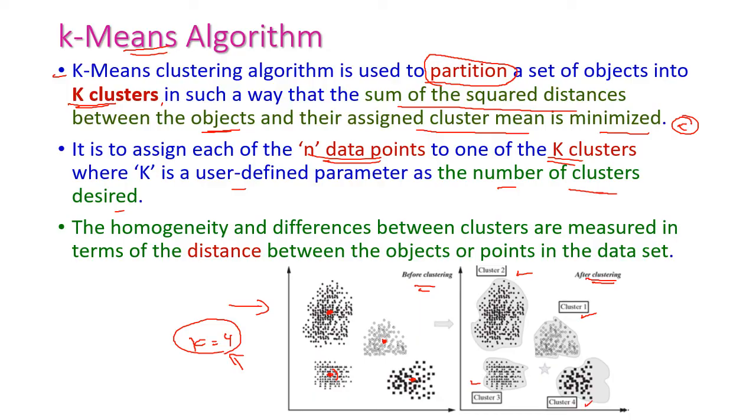Now, homogeneity and difference between the clusters: homogeneity means the data points inside a cluster are similar to each other. Heterogeneity means the data points from different clusters are extremely different from each other. This defines the efficiency of the clustering algorithm.